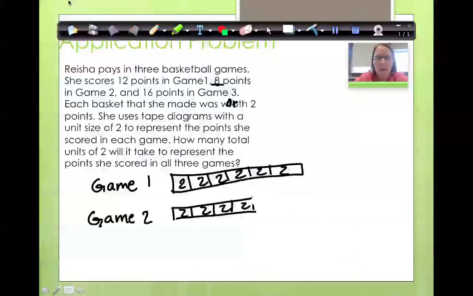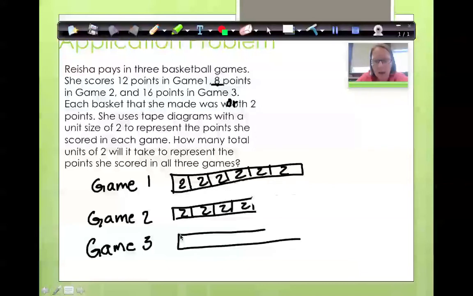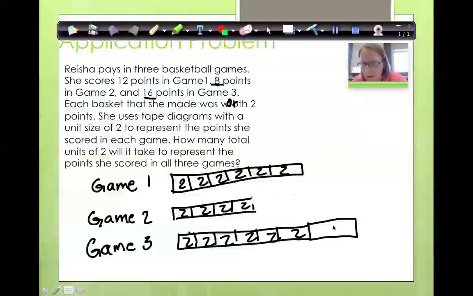Okay, game 3. Okay, how many points did she make? 16 points in game 3. 16 divided by 2, because each one has to be 2, that will be 8.